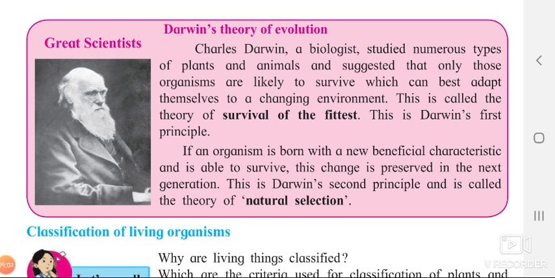Biology means the branch of science which deals with the study of animals and plants, or living organisms. He studied a number of plants and animals, went through all these types, and then he suggested that those organisms are likely to survive which can best adapt themselves to the changing environment.